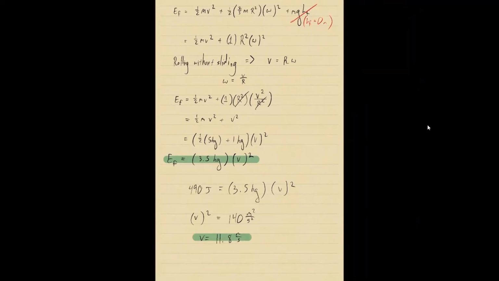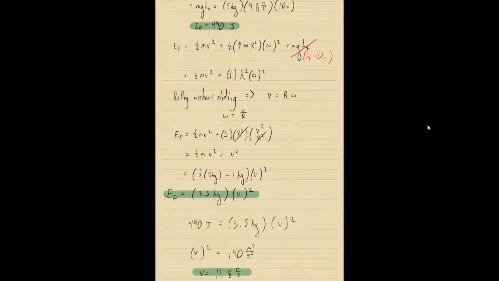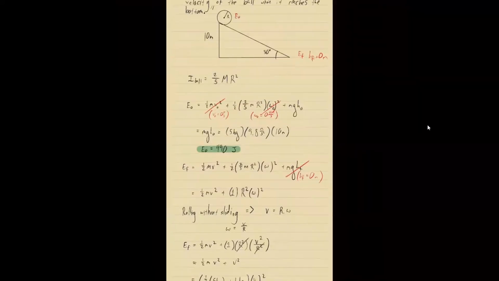So interesting side note here. Because this ball has to start spinning as it goes down, it's not just sliding down, but because it's starting to spin, some of the total energy goes towards making this ball spin.